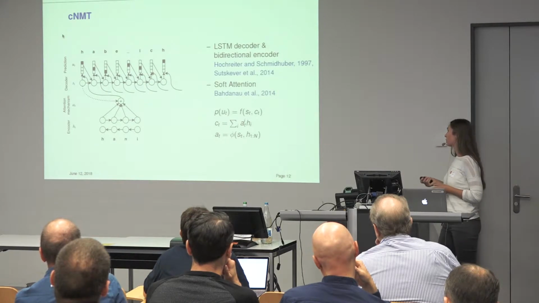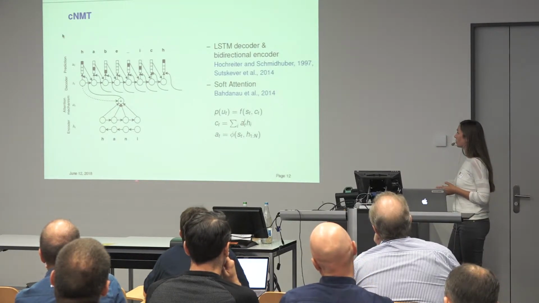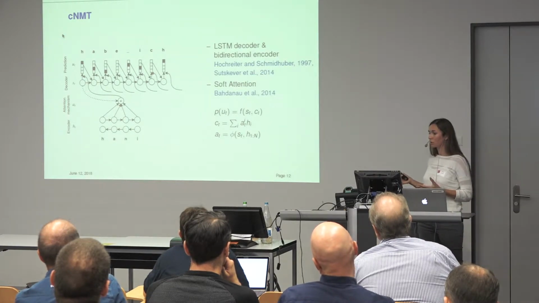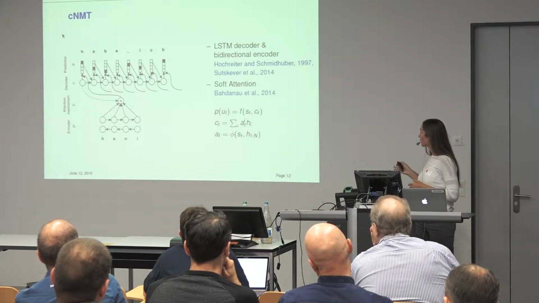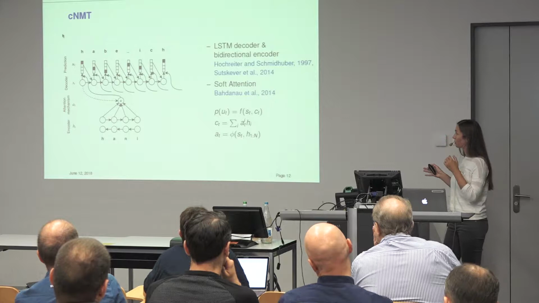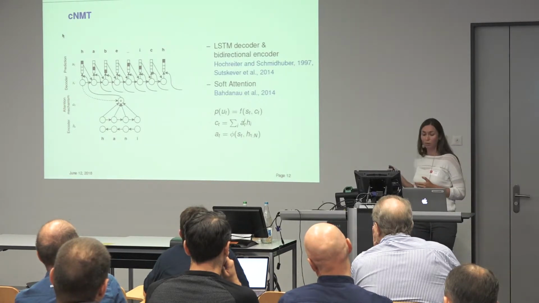Also standard by now, we use the soft attention mechanism, which allows the decoder to look at the parts of the input which are important for producing the output at each step. On the right-hand side we have the formulas for our approach, and we can go into the math if anybody is interested during the discussion time.